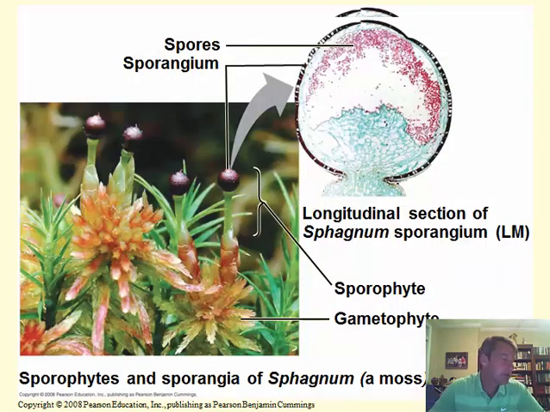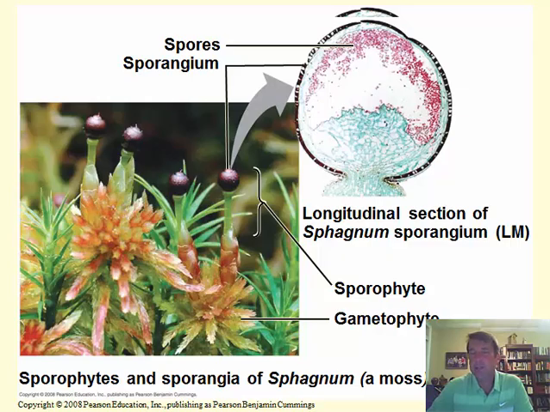Another thing that is characteristic of all plants is that they have walled spores that produce sporangia. And so in this you can see the gametophyte and sporophyte stages of this plant in the same plant. The sporophyte is on the top portion, and the bottom portion here is the gametophyte. So in this particular plant, it has both.